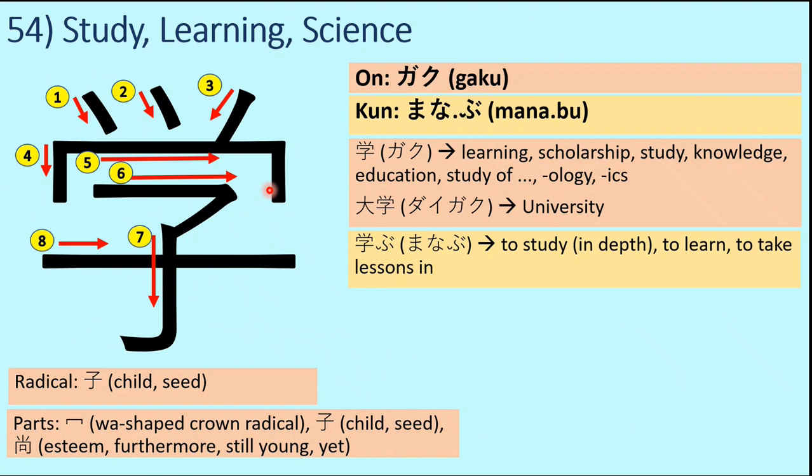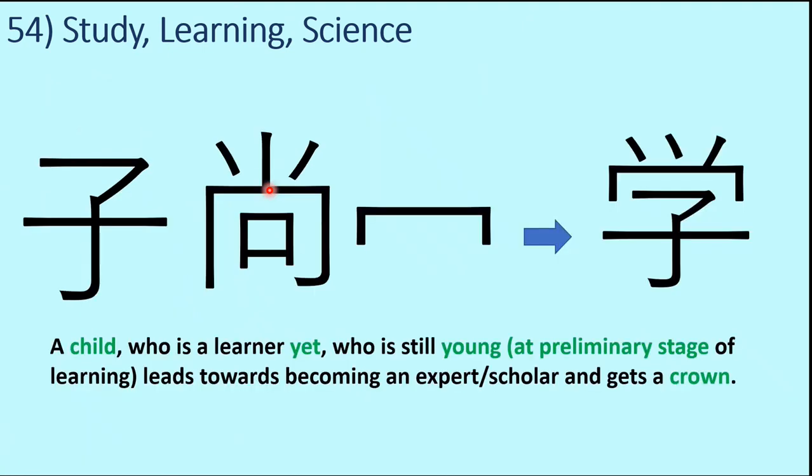And this is how this gaku is written. If we look at this diagram carefully, this is the child radical, this is the furthermore or yet radical, and this is the crown radical. All these three combine to form this composite kanji character, which is gaku or manabu.